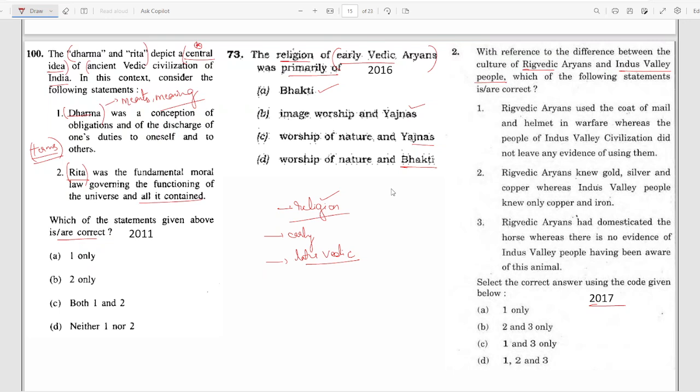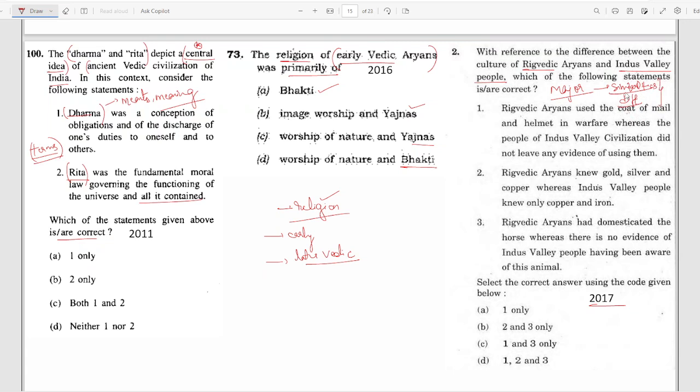Now they are asking what is the difference between the culture of Rigvedic Aryans and Indus Valley people. So whenever you are making notes or reading, once you come across major civilizations, write down the similarities and differences. Sometimes they may give them directly, sometimes you have to find out the similarities and differences.